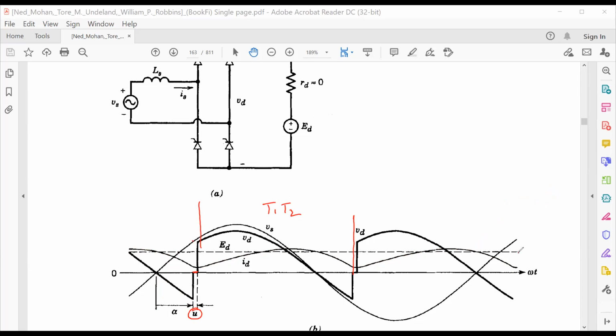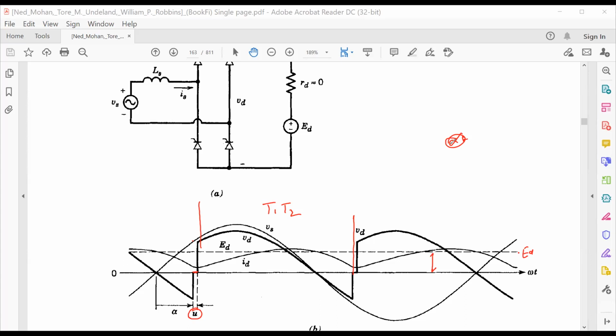This is your ED. Vs is higher than ED, so your T1 and T2 must be conducting, and it was fired at alpha, and during this commutation all the thyristors will be conducting.